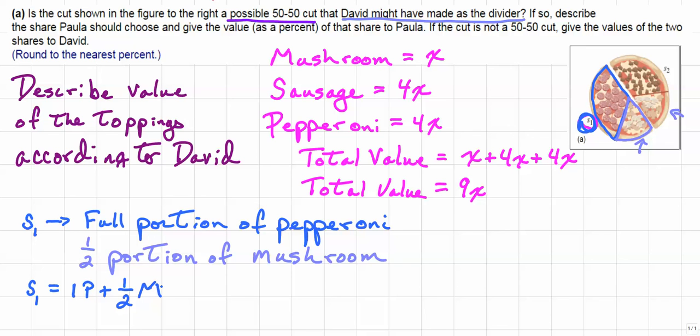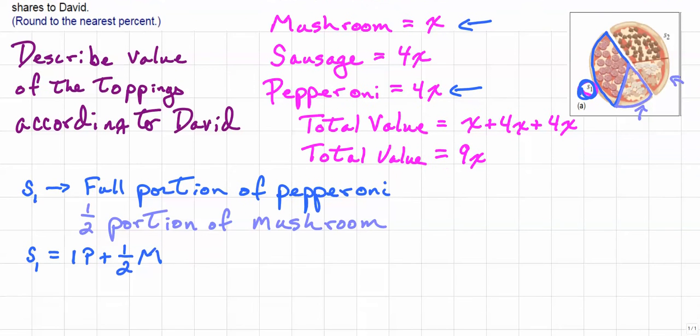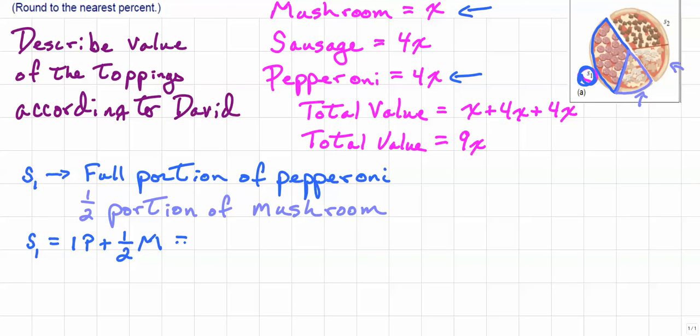But remember, up here we know that mushroom is worth x and pepperoni is worth 4x. So we can go ahead and rewrite this as 4x for 1 pepperoni plus 1/2 x for half of the mushroom. And we're going to rewrite this as 4x plus 0.5x.